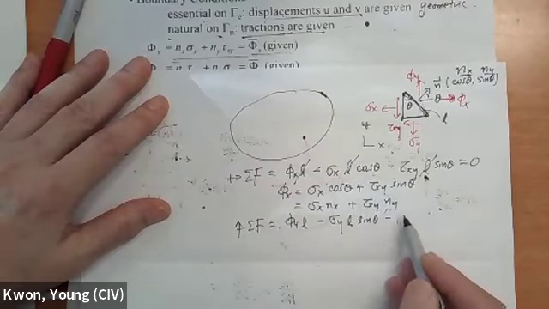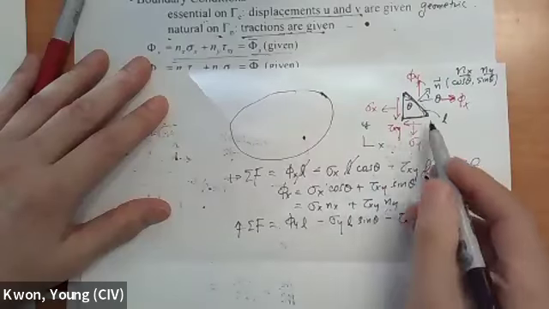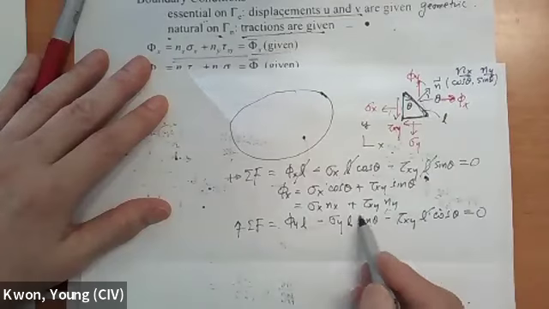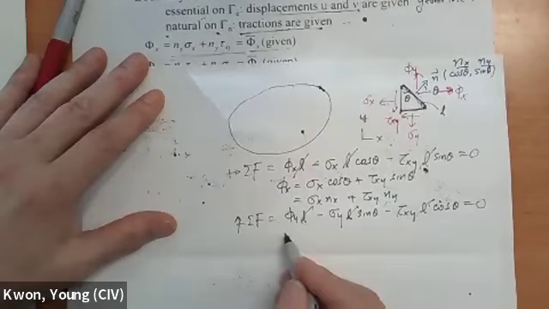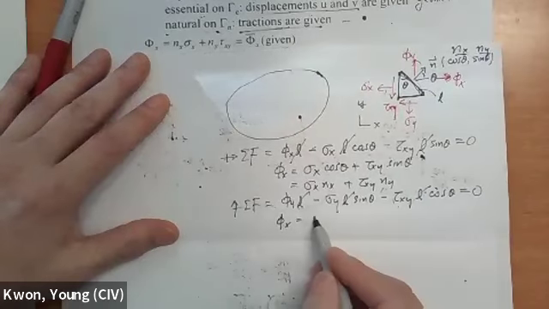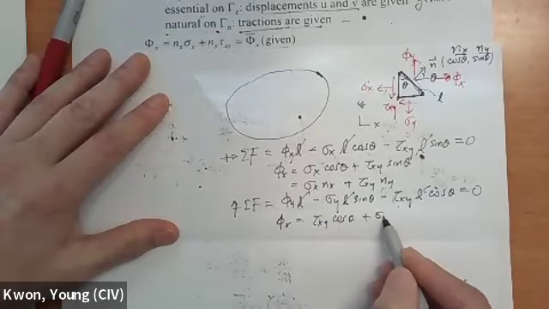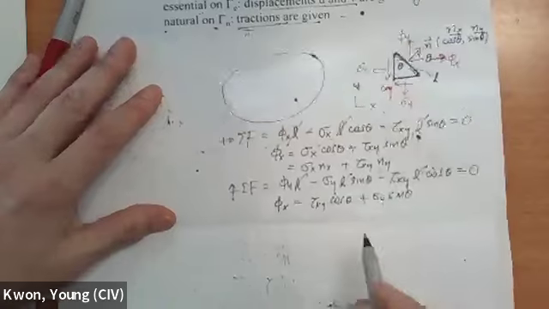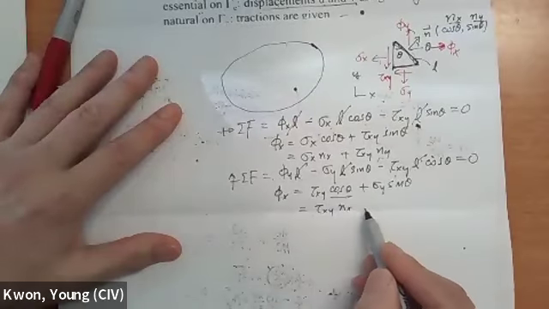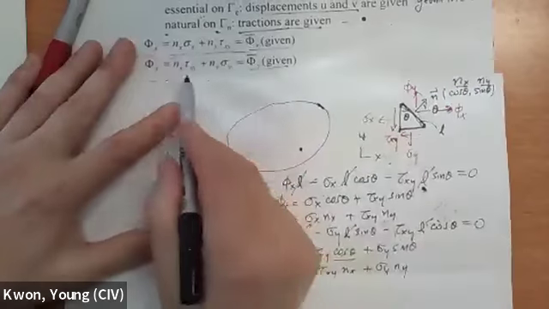And this one minus tau sub xy, this component, and L cosine theta. So L cancels out, and Py is, now let's put this one first, tau sub xy cosine theta plus sigma y sine theta. Likewise, tau sub xy nx plus sigma y ny. So that is shown in here too.